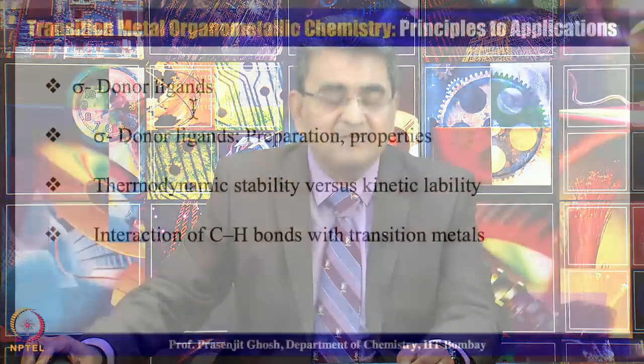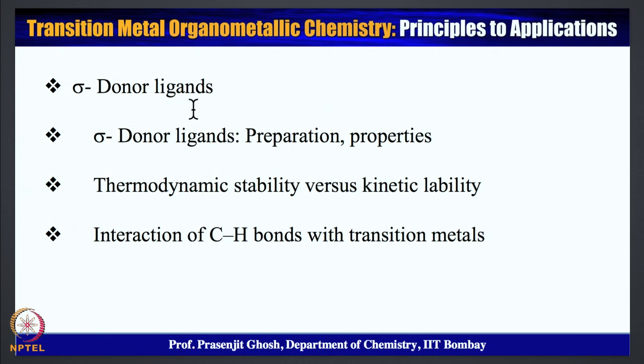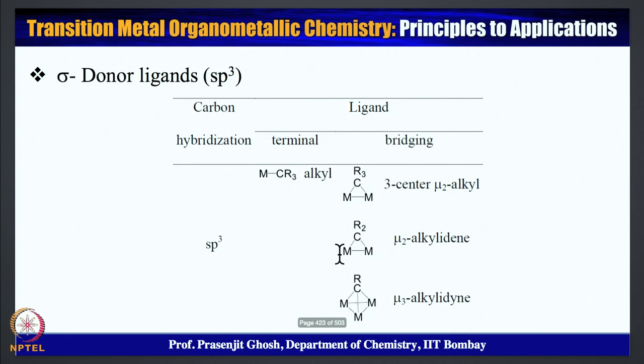Now, that was on the basis of metal orbital. Classifications can also be made based on the ligands, and the ligands can be of different types. They can be sigma donor or pi acceptor, and to begin with we looked at sigma donor ligands, particularly their properties, thermodynamic stability, kinetic abilities, interaction of CH.